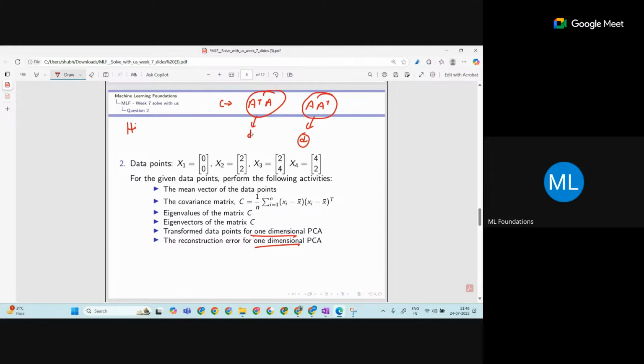Sir is not doing any algebra there. He is just telling that in place of doing A transpose A, you can proceed with A A transpose to reduce the dimension of the matrix. Means in place of working with D cross D, you can work with N cross N for the lesser one.